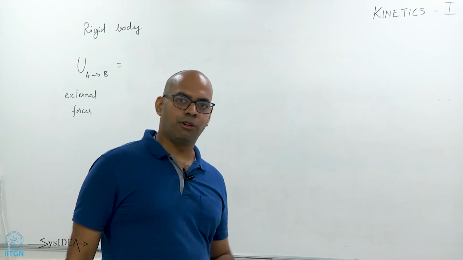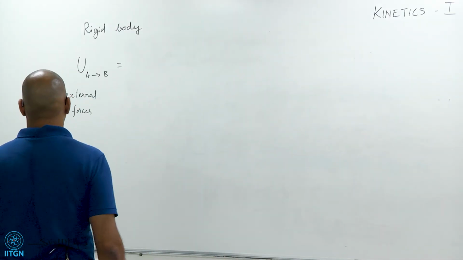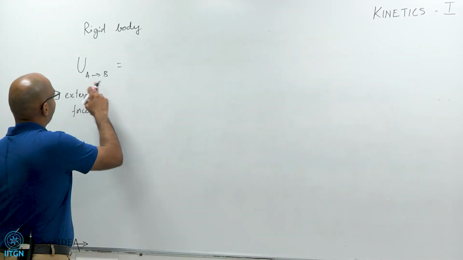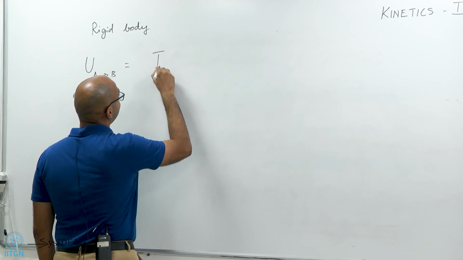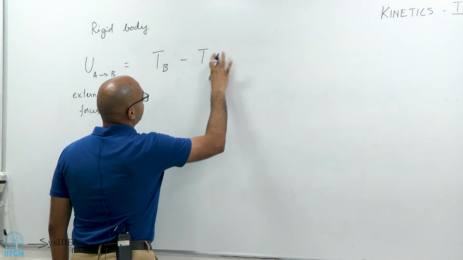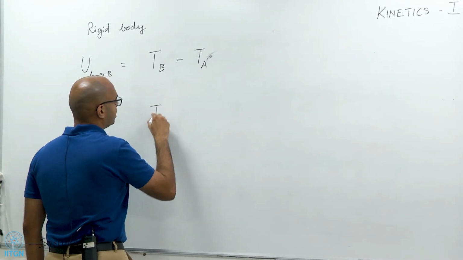So let me write the whole thing again. For a rigid body, the total work done by external forces in going from configuration A to configuration B is equal to the change in kinetic energy. But now the kinetic energy has two terms.